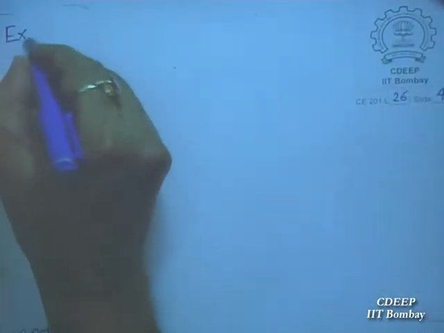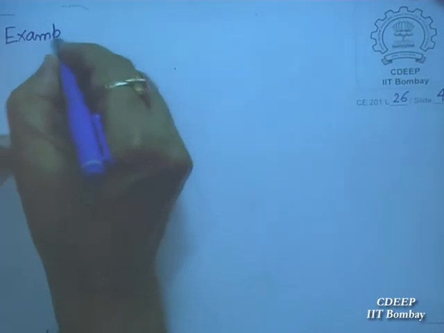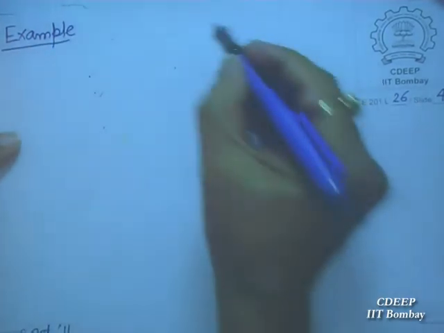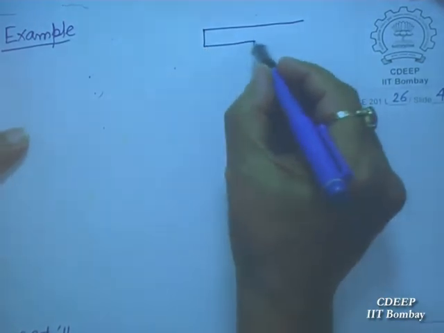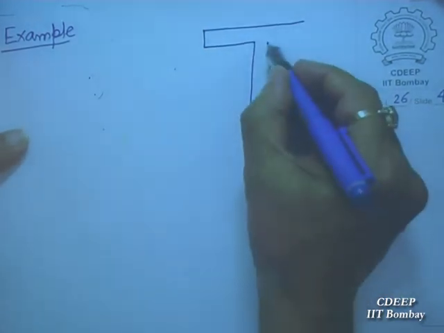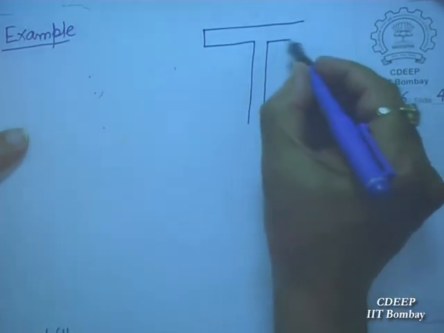Please find out also for another cross section, and that is unsymmetric. Next example. T section. See, your bending theory applies to any cross section which has a vertical plane of symmetry.